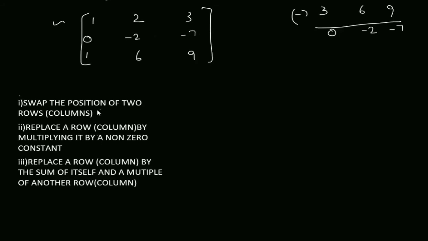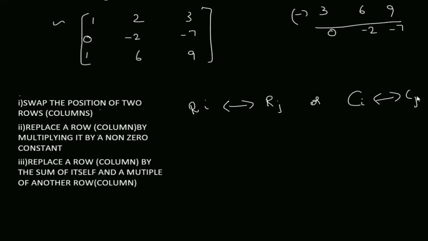So this is the summary. Swap the position of 2 rows or columns, that is the first operation: Ri is interchanged with Rj.